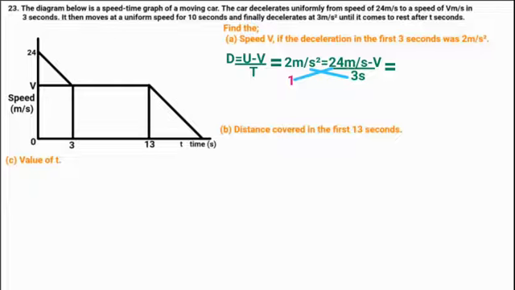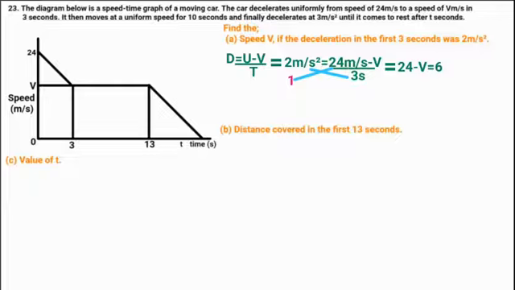Then we write 24 minus v. I'm just going to ignore the units a bit, so 24 minus v is equal to 6, because 2 times 3 gives us 6.